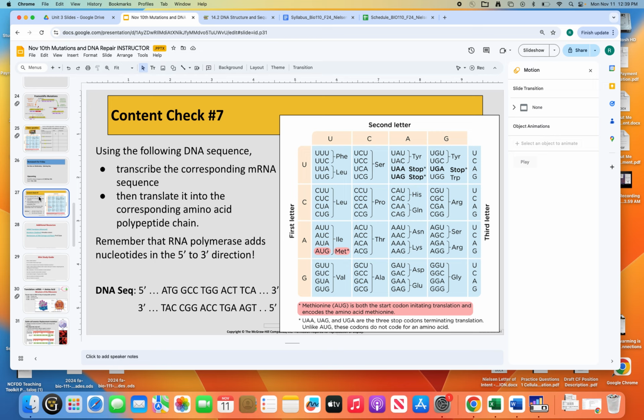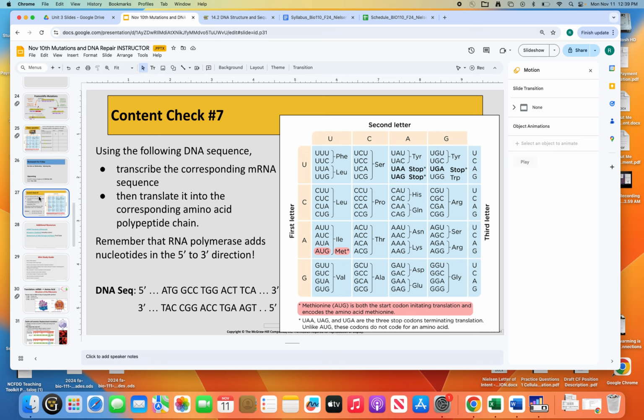It's the 3 to 5 strand. It's read 3 to 5 because RNA polymerase can only build in a 5 to 3 direction. So if we were to look at this, well, 3 prime, and then it's T, A, C, and then it continues on. This would be our template strand. This is the strand we are reading.